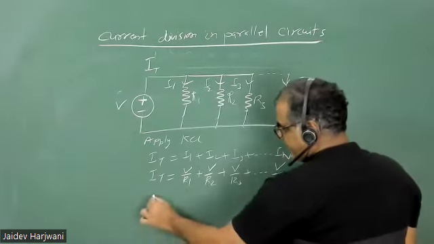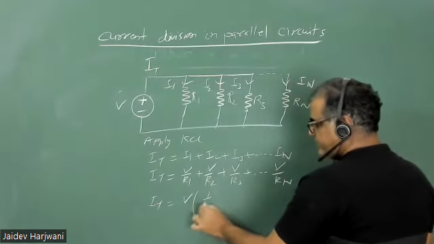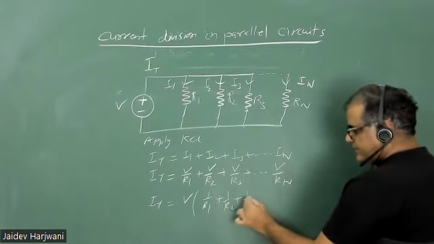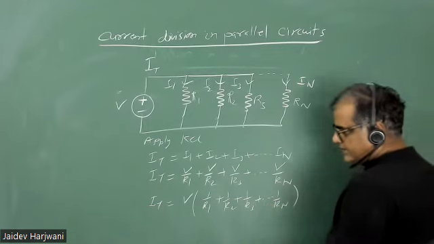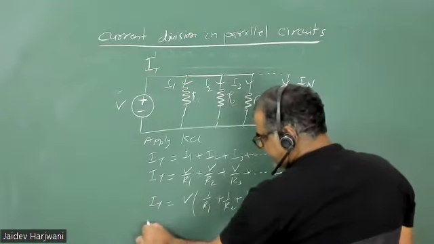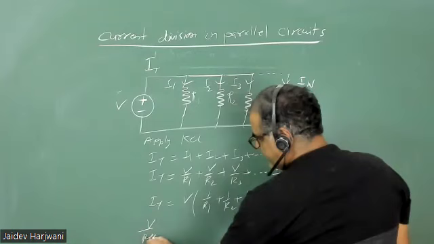So what can I write? I can write I total equals V, I can take common, R1 plus R2 plus R3 up to Rn. And I total, total current, total voltage is V and R equivalent.